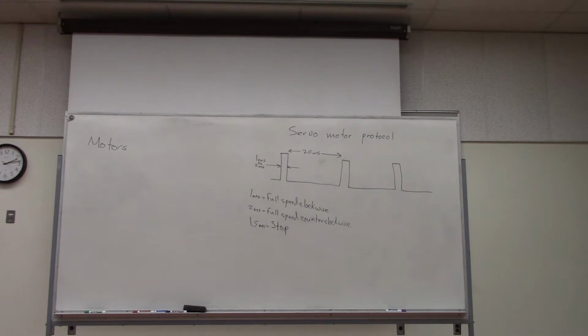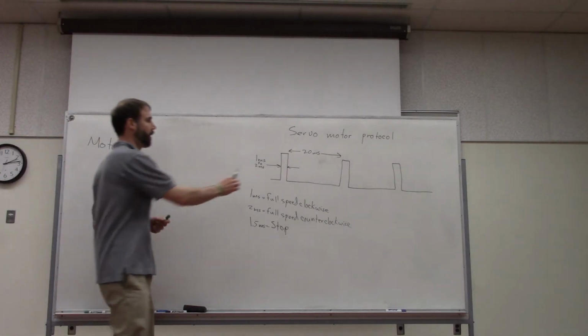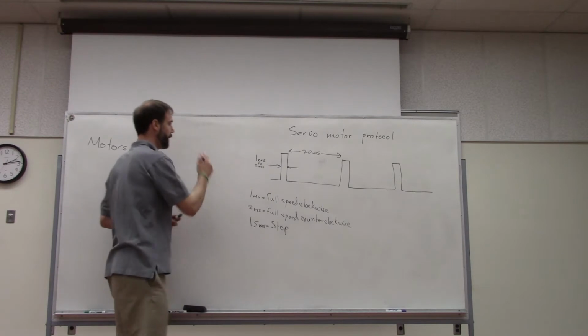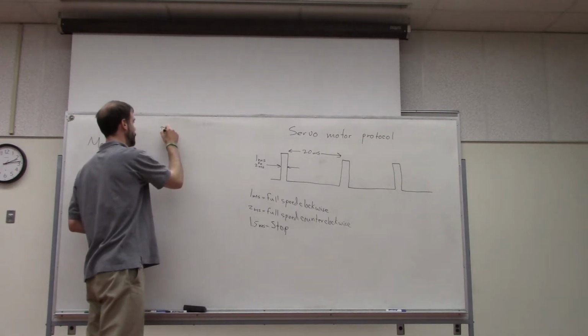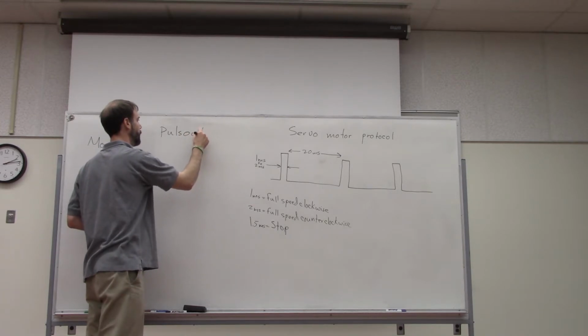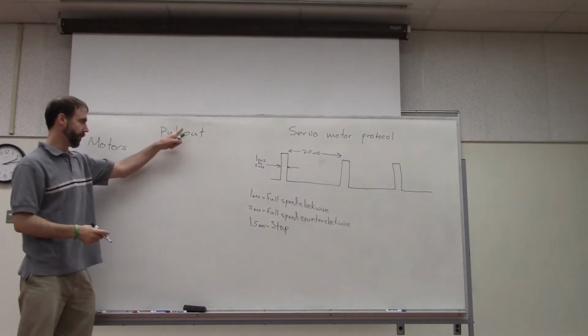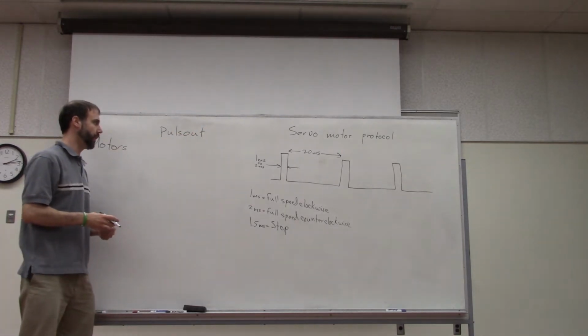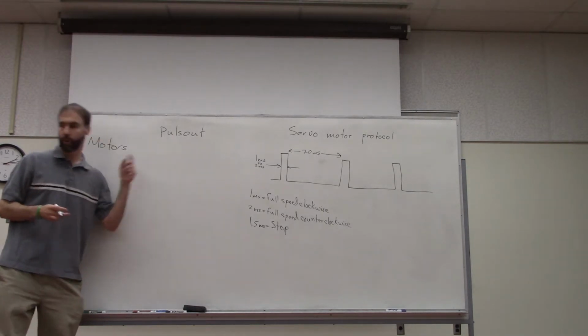The command that we use to create very short pulses like this is called pulse out. Okay? You'll notice that there's no E in there. It seems like there should be an E, but there's no E. So pulse out.